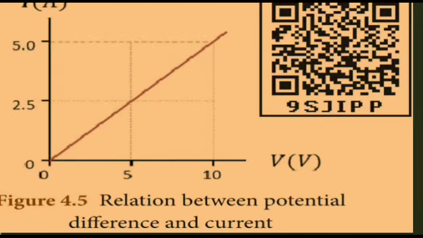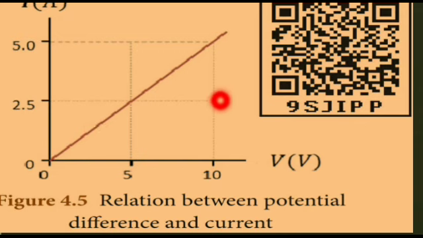Now, in our book, a small relation is given, the potential difference circuit. See this, here the x-axis is voltage, the y-axis is current. When you increase the voltage, the current also increases, and you will get a straight line. For example, when 5 voltage is applied, the current increases to 2.5 ampere.